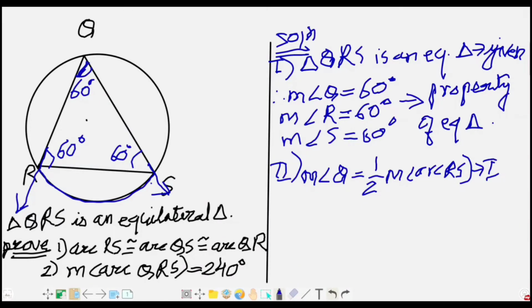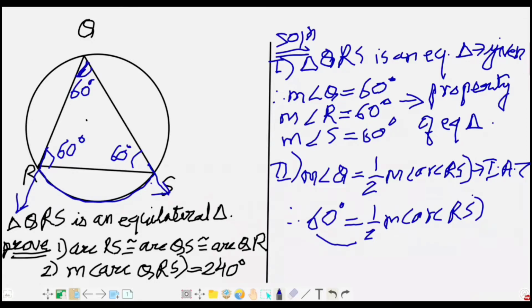It is the inscribed angle theorem. Now, this angle is 60 degrees, so it will be half of the measure of arc RS. Now, this 2 will get multiplied. 60 times 2 is 120. So your arc RS is 120 degrees.